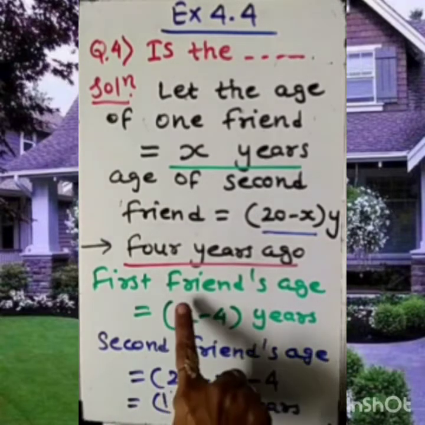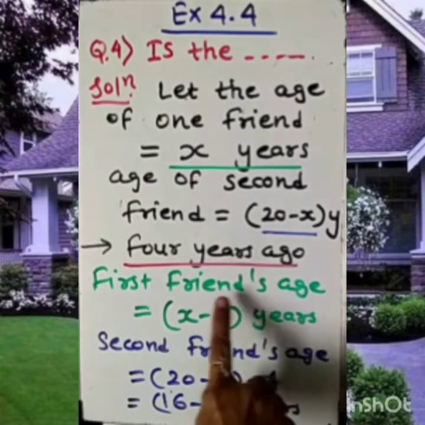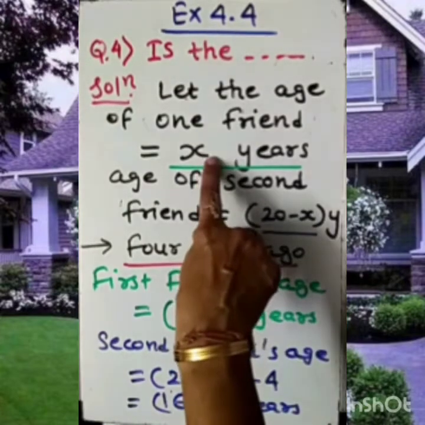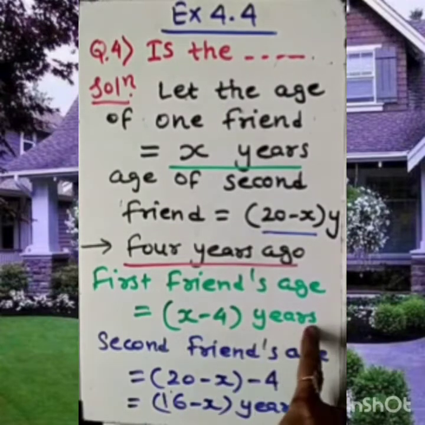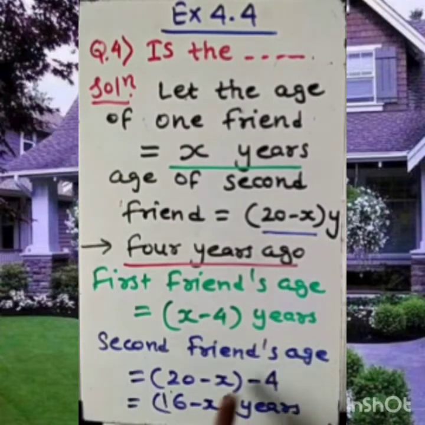At that time the age of the first friend was x minus 4 years. And the second friend's present age is 20 minus x, but 4 years back we subtract 4 from his present age, so 20 minus 4 is 16 minus x.